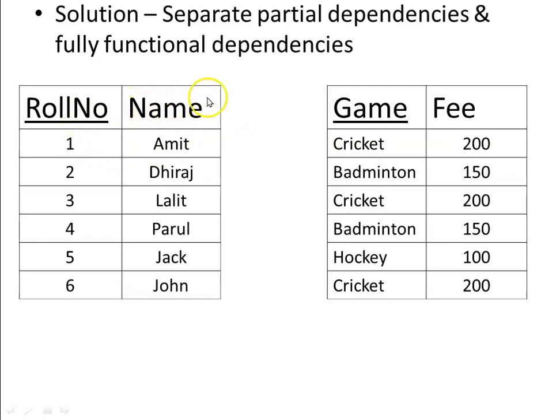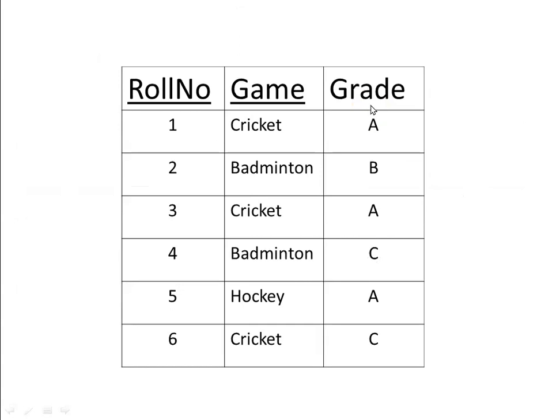That is, these non-prime attributes are totally dependent upon the candidate key or the prime attribute. Similarly, with respect to this table, fee is totally dependent upon the game. So when we apply the second normalization, the partial dependency is eliminated from both these tables. So this is how we work with second normalization.